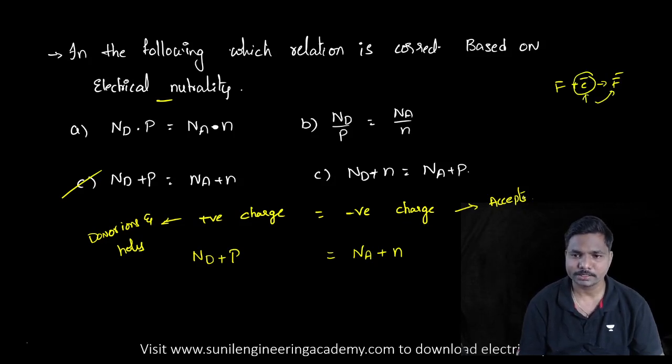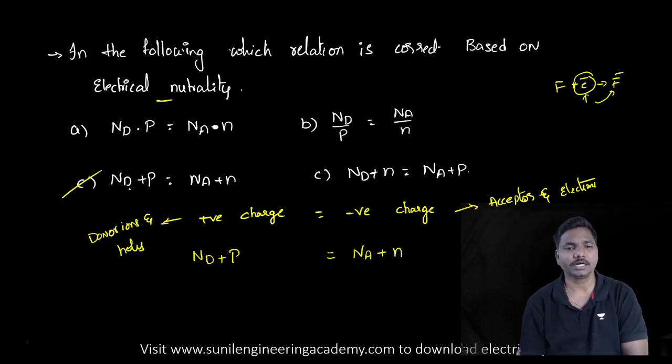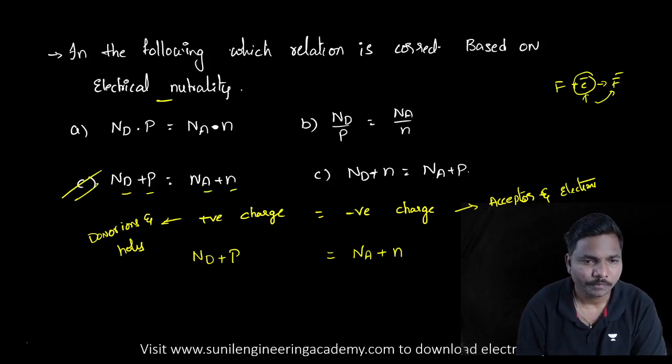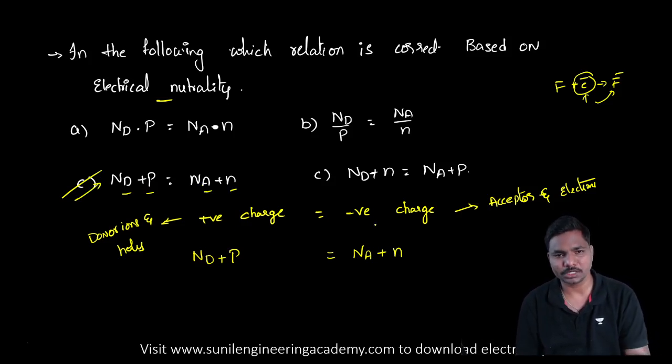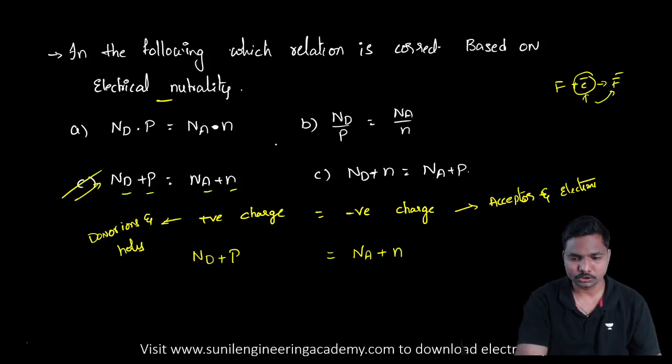So acceptors and also electrons are negative charge. Donor ions and also holes are positive charge. So LHS is equal to RHS, that is positive charge is equal to negative charge. Hence that is electrically neutral. Okay. Coming to the next question.